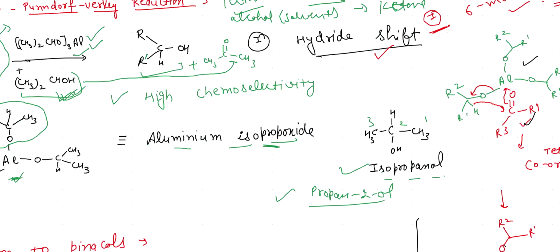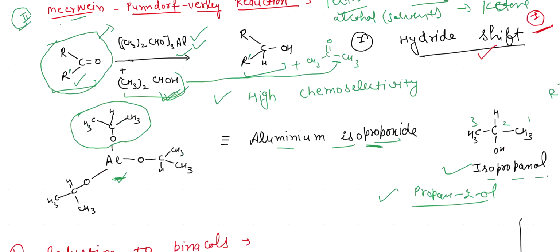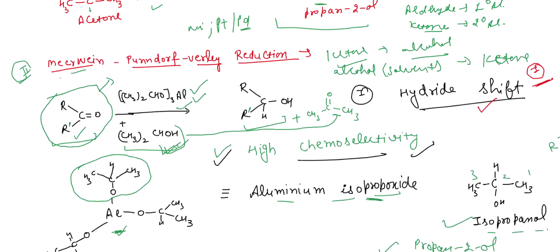So this is highly chemoselective. This is the purpose of the Meerwein-Ponndorf reaction, to use aluminum isopropoxide and isopropanol as reagent and solvent. Clear? Okay.